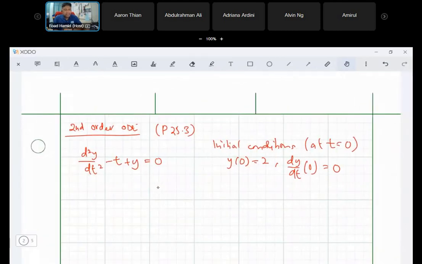The only difference here is that we have two initial conditions, but we only have one second order ODE.